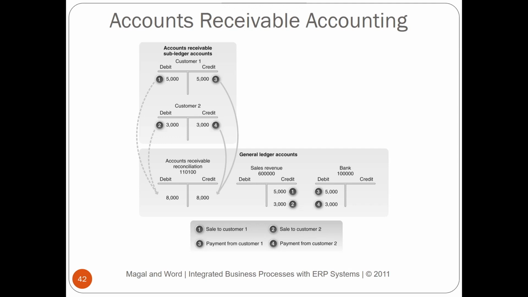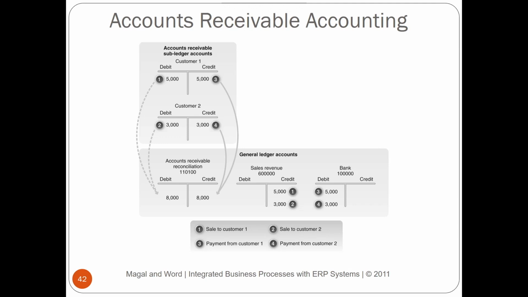The sales revenue is credited by the amount of sale, and the corresponding debit is made to the appropriate customer account. This debit is also automatically posted to the accounts receivable reconciliation account.